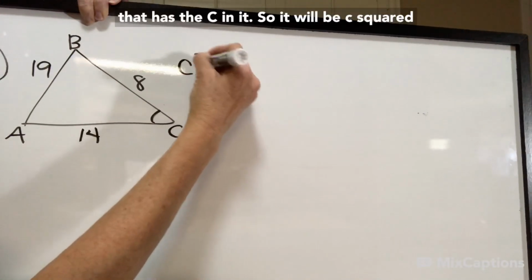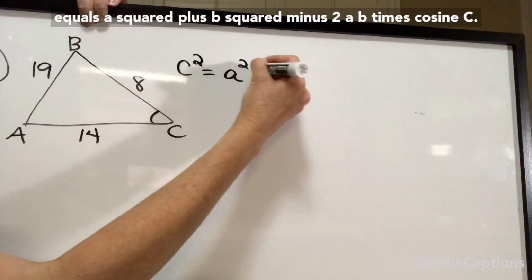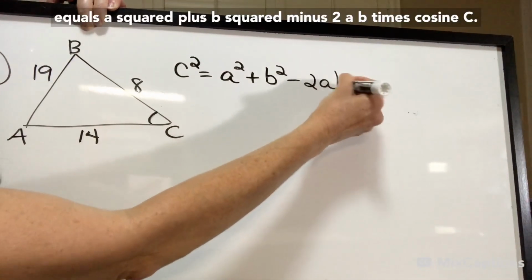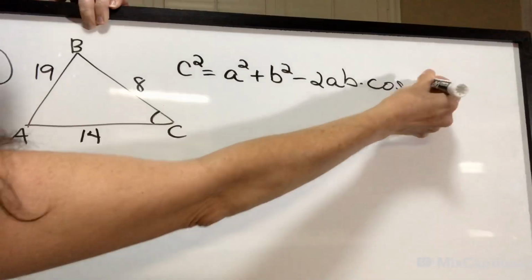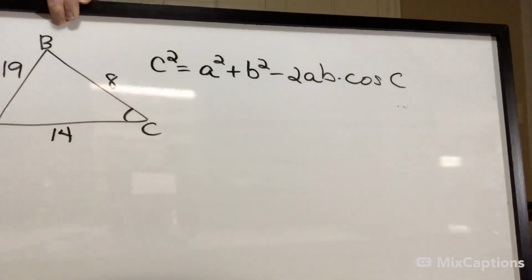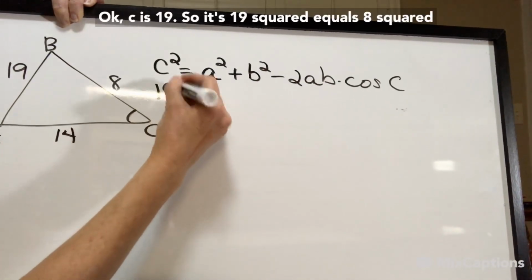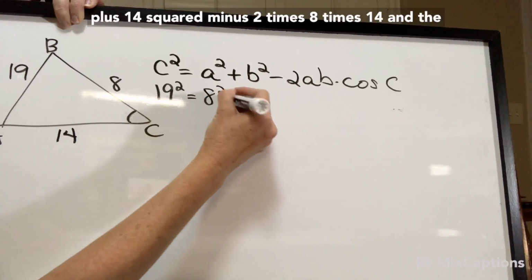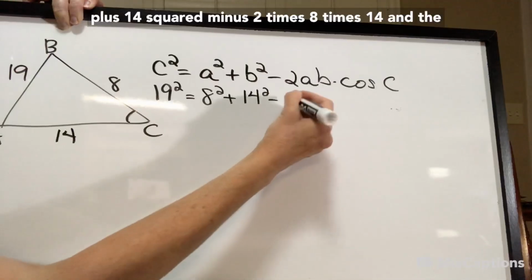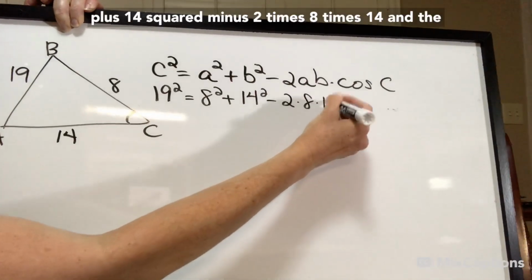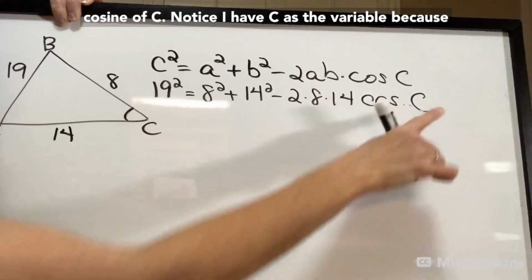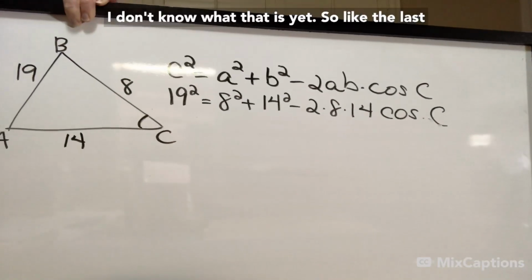So it will be C squared equals A squared plus B squared minus 2AB times cosine C. Okay, C is 19, so it's 19 squared equals 8 squared plus 14 squared minus 2 times 8 times 14, and the cosine of C. Notice I have C as a variable because I don't know what that is yet.